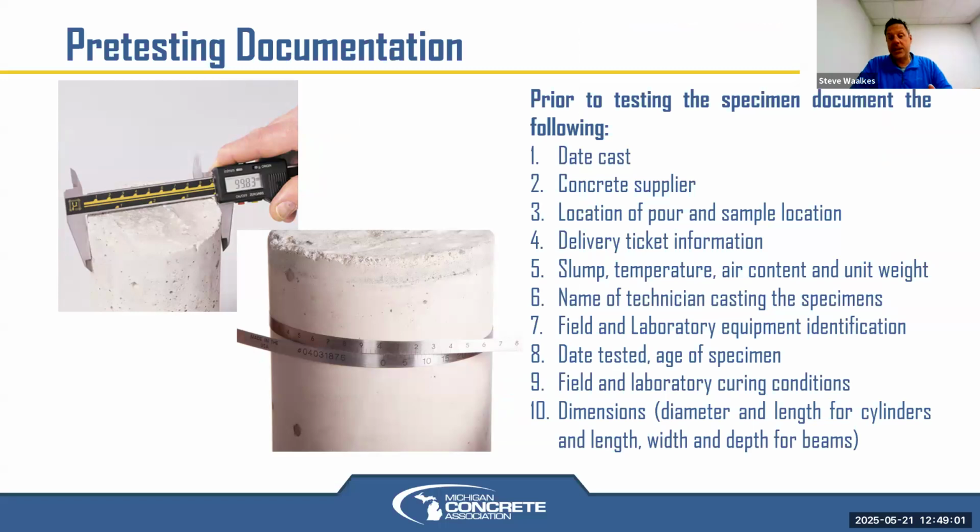But the technician doing the breaking has to measure, because even a tenth of an inch or a couple hundredths of an inch in some cases can affect the calculation. So we have to be very accurate. It's not just a 4-inch diameter, assuming it's 4.00000; we actually have to measure it to very high accuracy to make sure that calculation is accurate, from the load over the area to get the PSI, the actual strength.